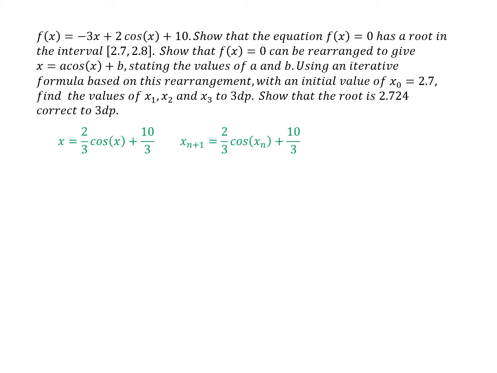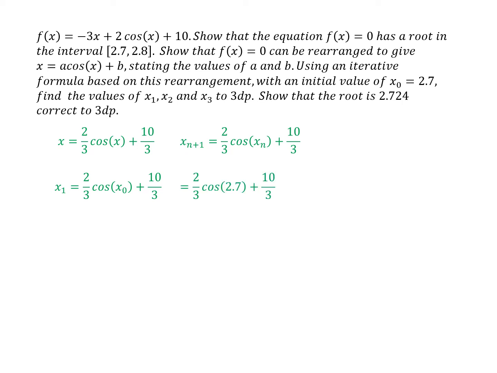So that's our iterative formula now. Now we're going to use that with an initial value of x0 being equal to 2.7. And when we do that, we put 2.7 into there, we'll get x1. So x1 is 2/3 cos x0 plus 10/3.